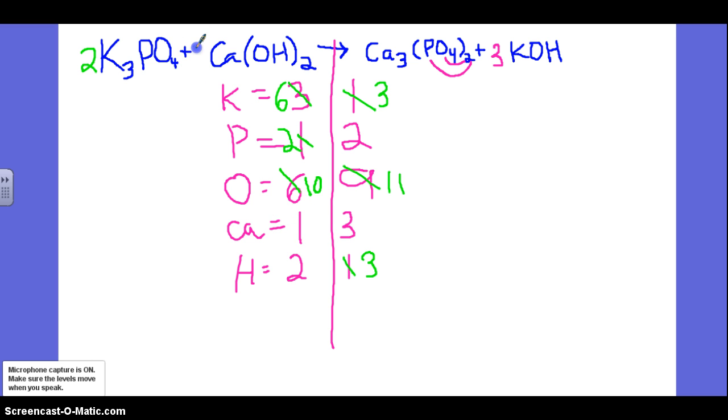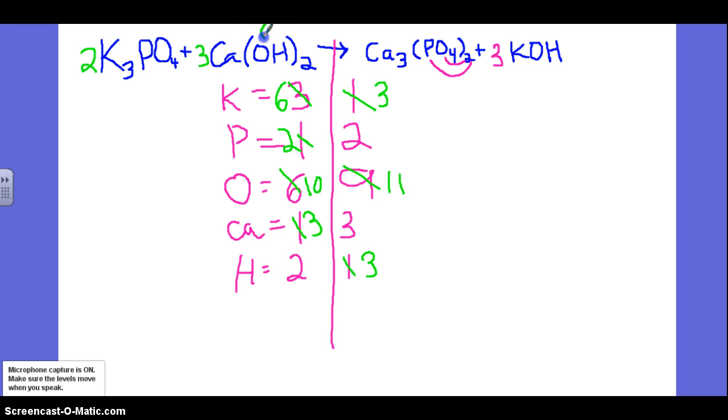Calcium, I need 3 calcium on the left, so let's distribute that 3 to the calcium hydroxide. That gives me 3 calciums. Now, remember, there's 2 oxygens first, because I distribute the parentheses first, just like math, parentheses first, times 3, because the 3 applies to everything in the compound. 2 times 3 is 6.